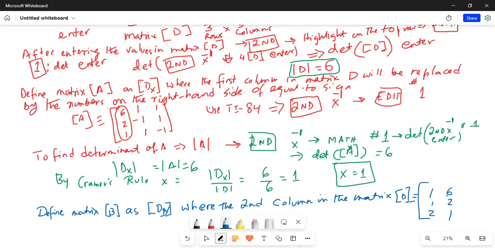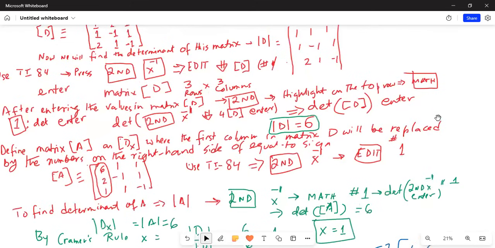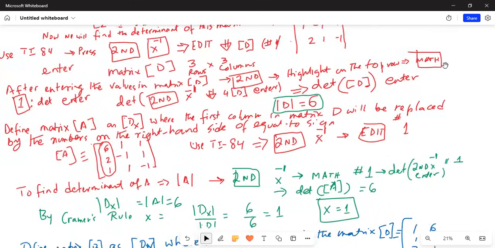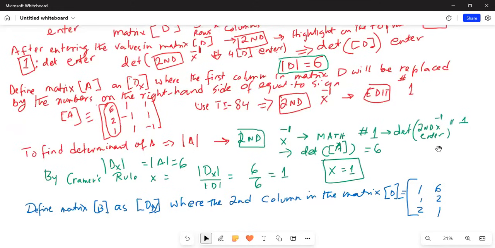So we go back to the matrix D. The last column is 1, 1, minus 1. So this will be 1, 1, minus 1. So this we will define: matrix D with the second column replaced by the numbers on the right-hand side.